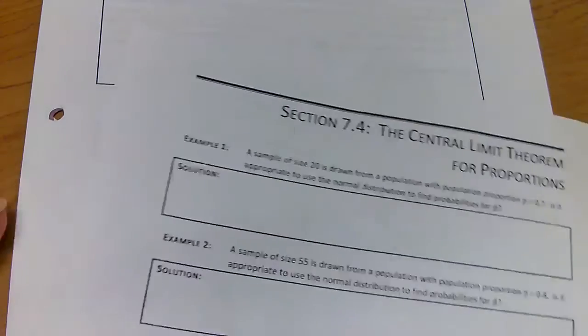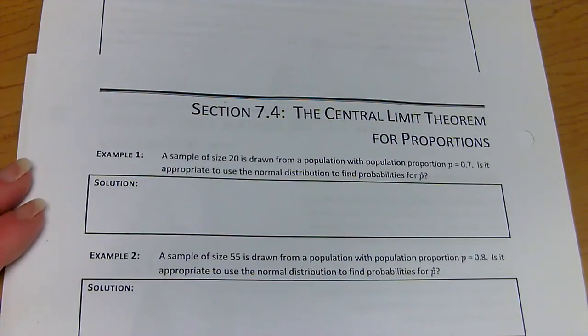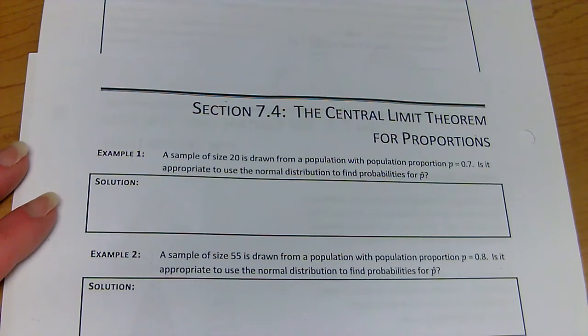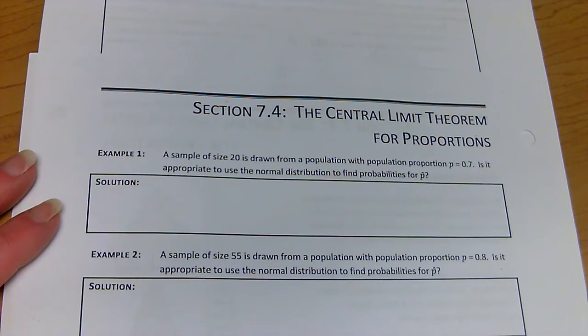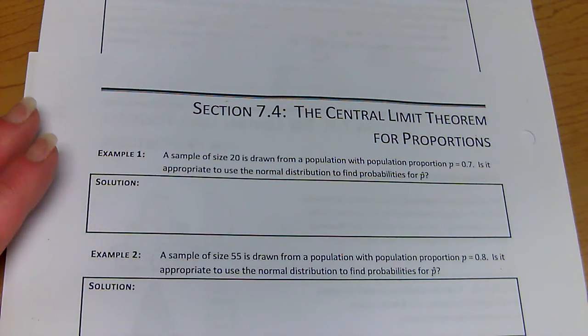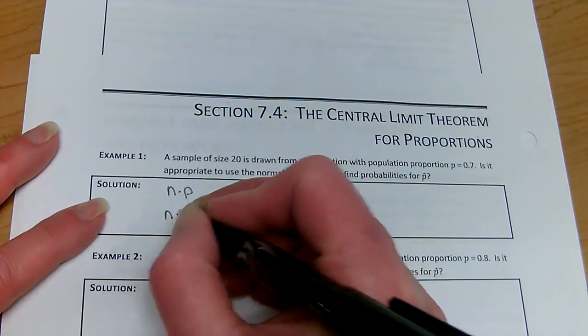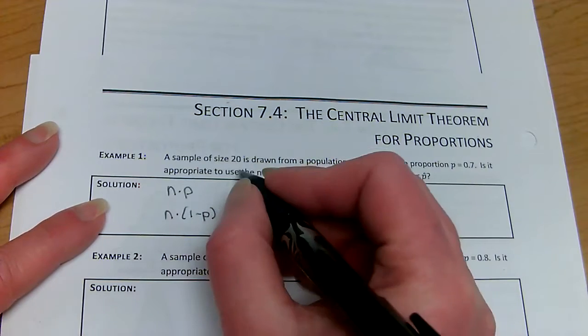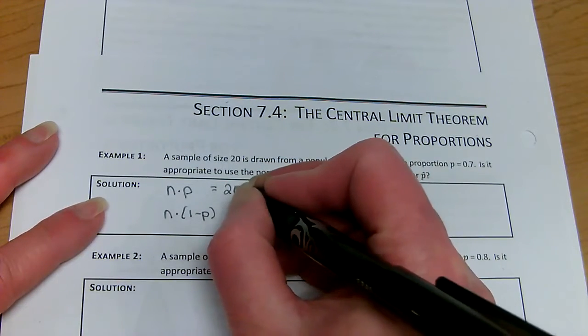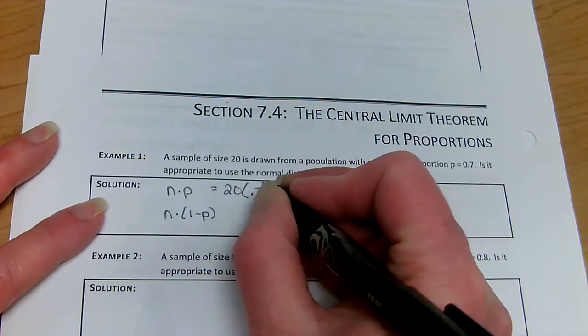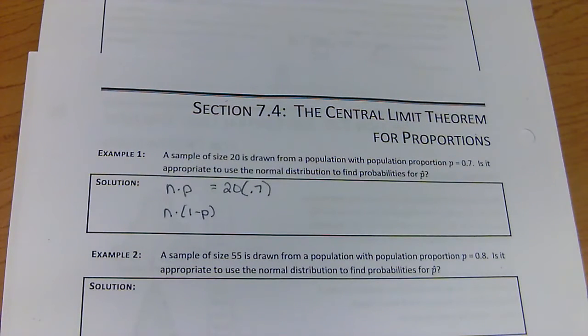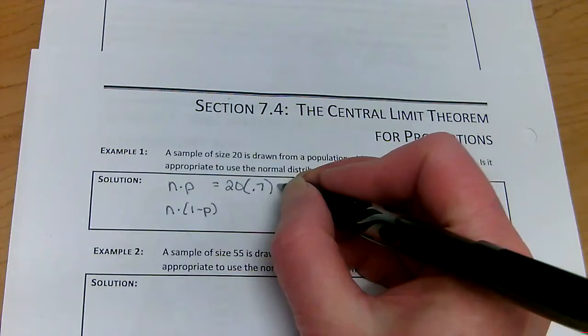Awesome. So a sample of size 20 is drawn from a population with a population proportion of 0.7. Is it appropriate to use the normal curve? Well, we need to run our test. We need to look at N times P and N times 1 minus P. So the sample size is 20, so 20 times 0.7 is 14.